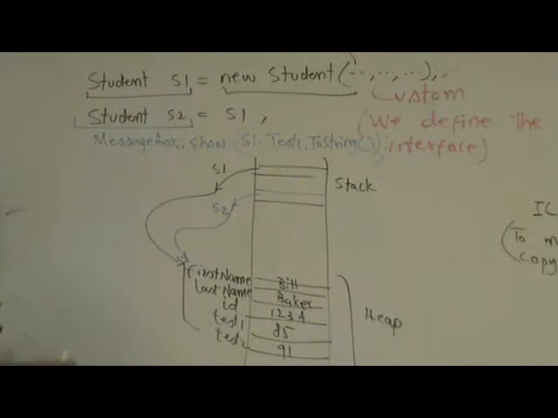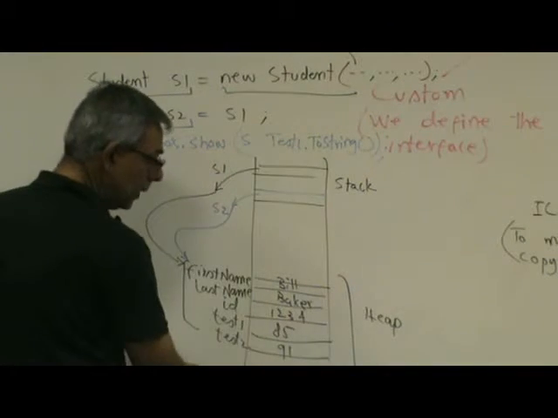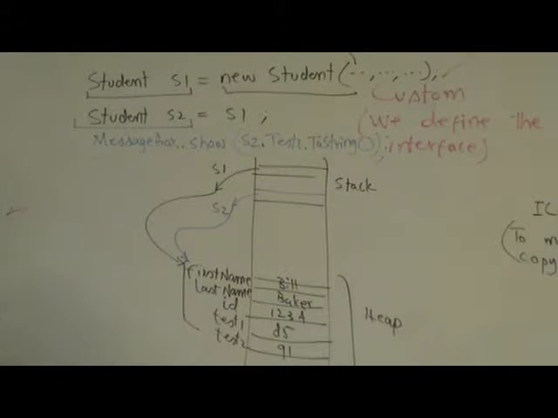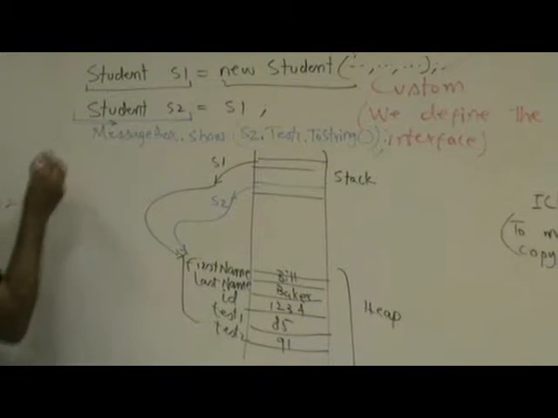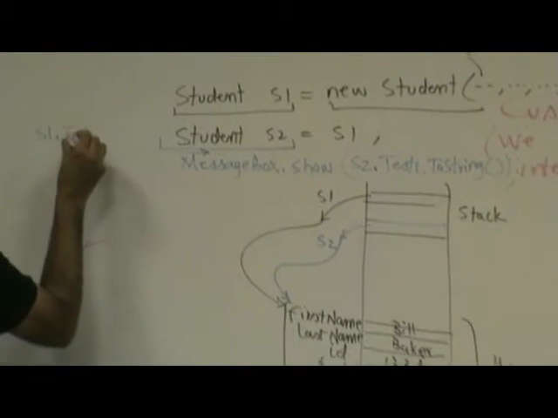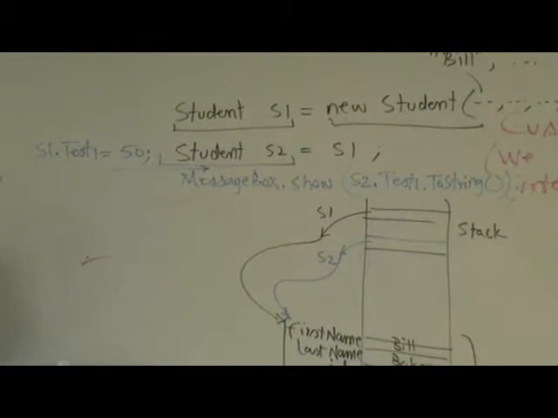You'll see 85, right? Okay. What if I say S2 dot test1? The same thing, right? So now before I display the message box, what if I do S1 dot test1 equal to 50? It will be 50.